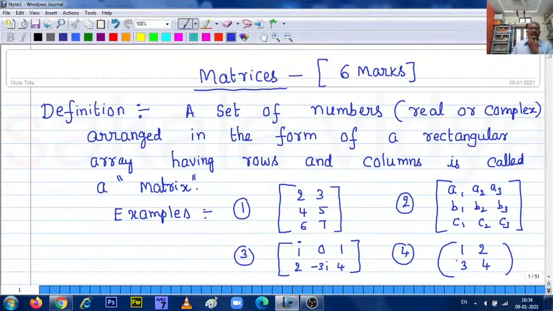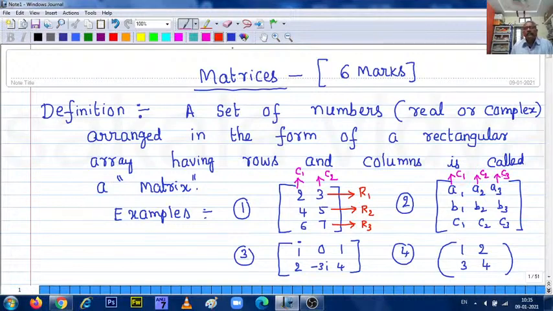Here in this case, this is called the first row, row 1. This is the second row. This is the third row. This is the first column, column number 1. This is column number 2, column number 3.